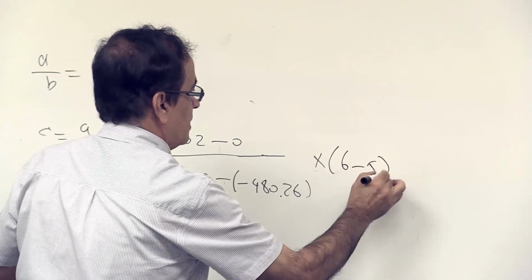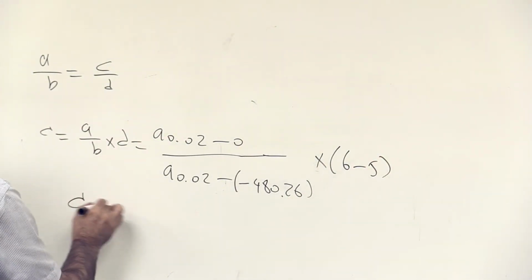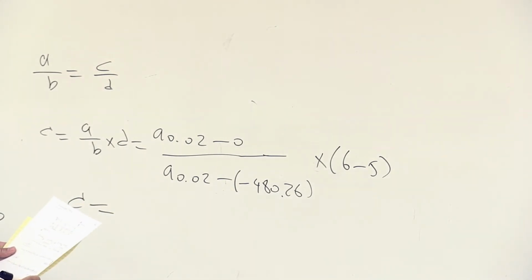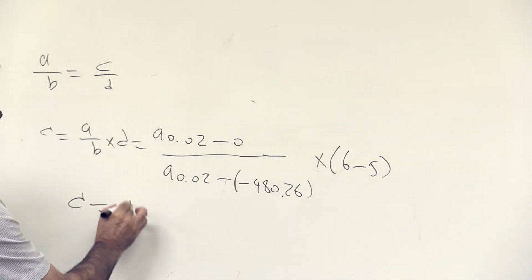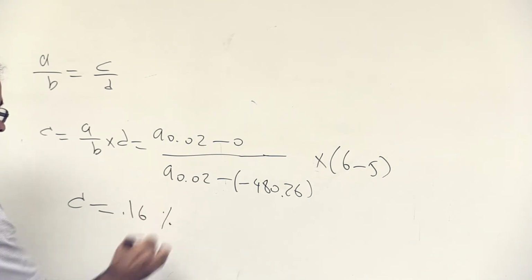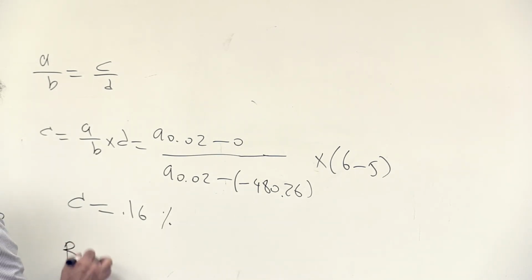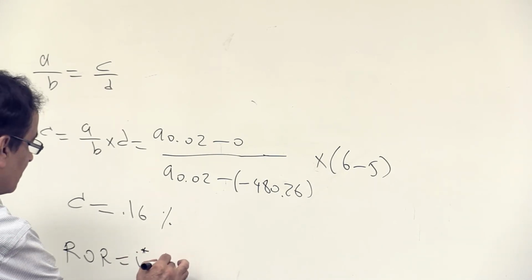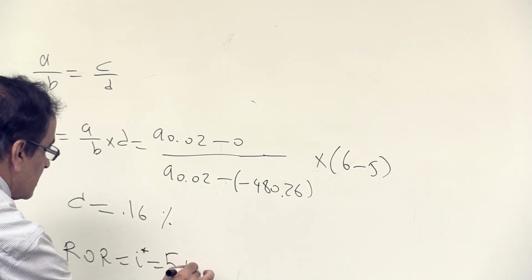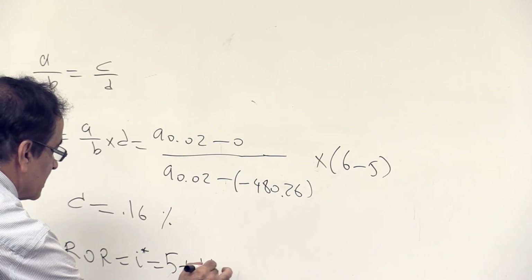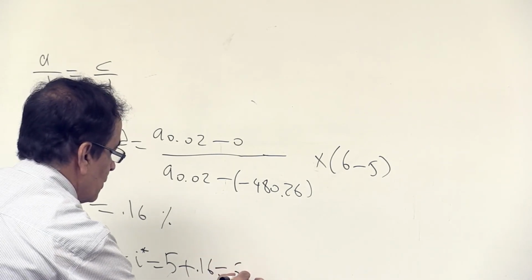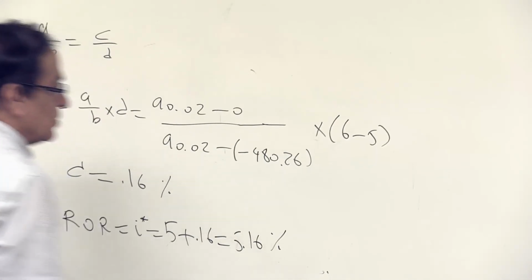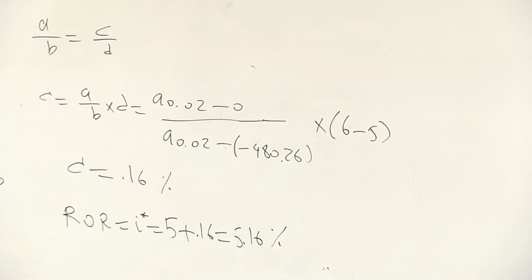If you calculate, the C value is going to be 0.16%. Since this i is increasing, we add it to 5%. So my rate of return, ROR, which is i star, is 5% plus 0.16, which is 5.16%. That's the rate of return for this investment.